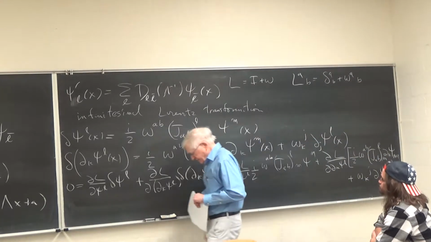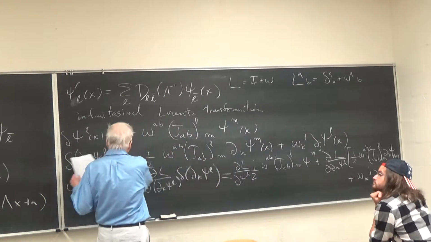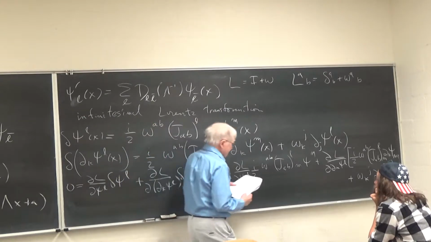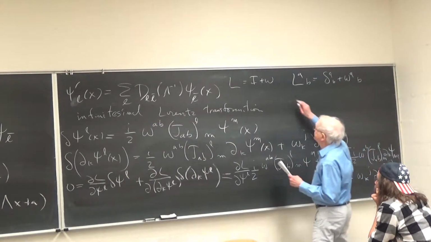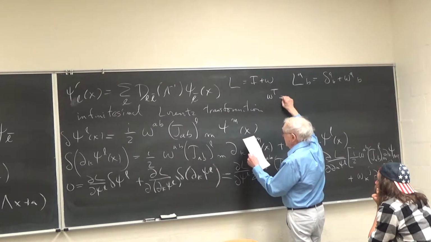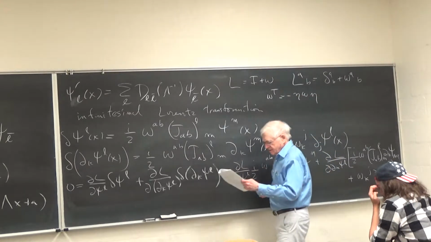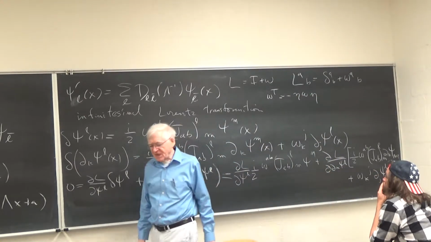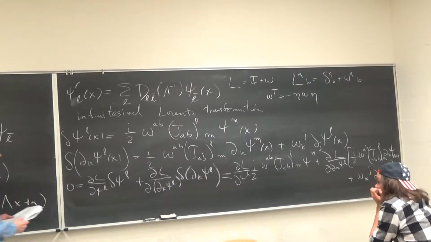So this is our infinitesimal Lorentz, because this is a Lorentz matrix and not the Lagrangian, the action density. But what we saw is that if this is a Lorentz transformation, then omega transpose is minus eta omega eta. And it was obvious from that that the space parts of omega were anti-symmetric.